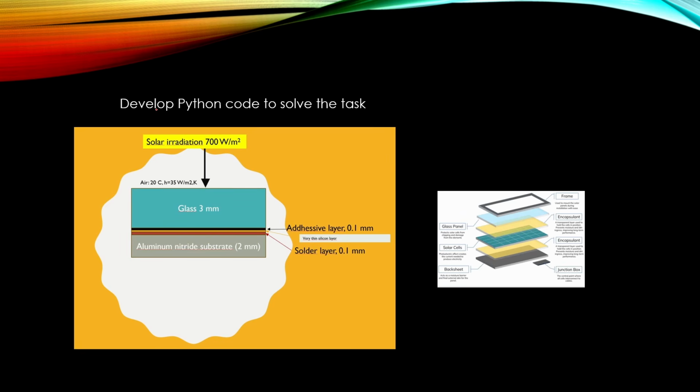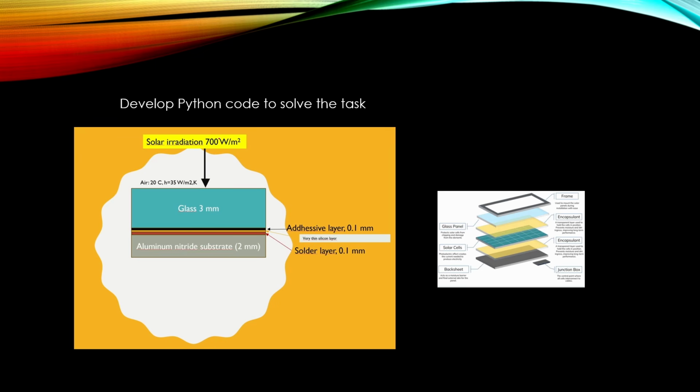Here we have the definition of our problem. We have a solar panel in which we have 3 mm glass layer, then we have 0.1 mm adhesive layer, and then this very thin silicon layer, and behind that is solder layer 0.1 mm and this aluminium substrate.